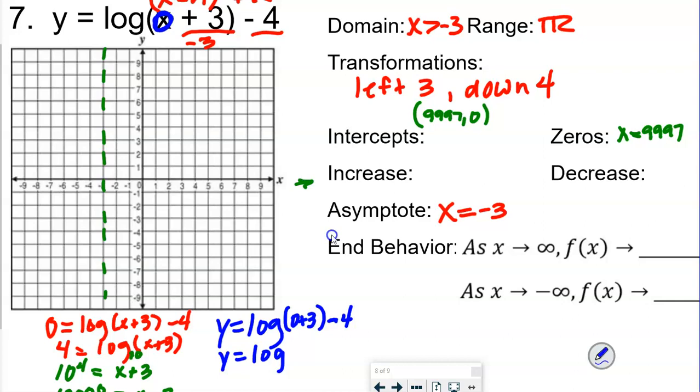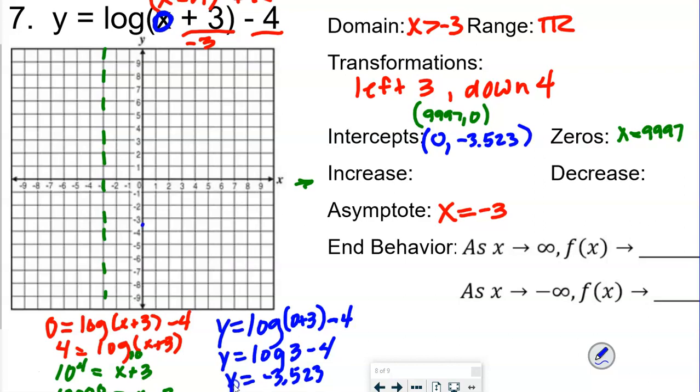Go ahead and do that in your calculator. When you do that, you should get y equals, I got -3.523. So that means our other intercept is going to be (0, -3.523), and this point we can plot right here, so about -3.5, right there.